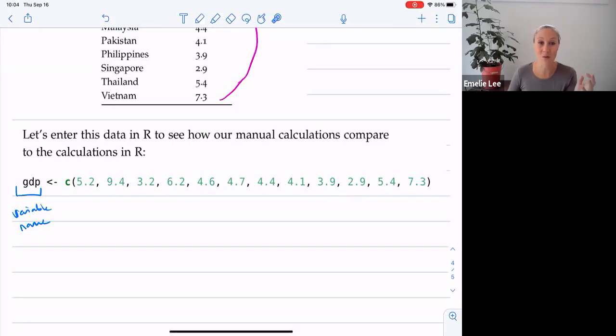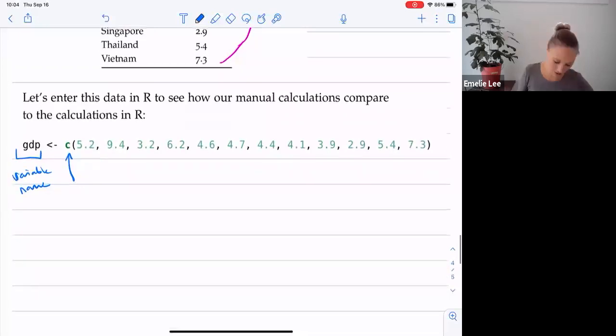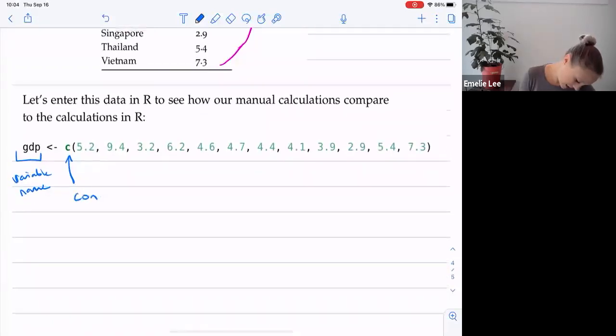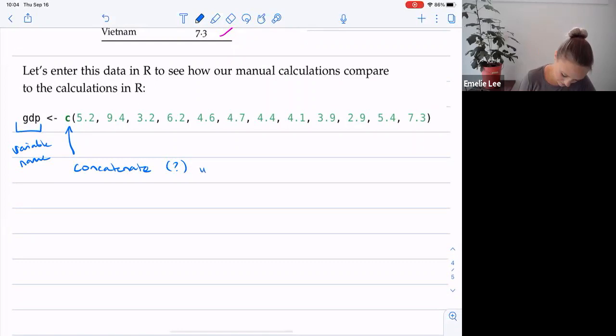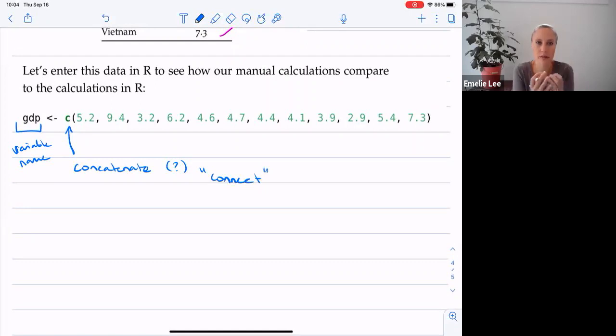The easiest way is just to bring it in from some existing source and then use it. But if you have to enter data, then you use a little C. C is for concatenate, I think. I'll have to brush up on my R terminology, but concatenate means just connect, so join these all up.